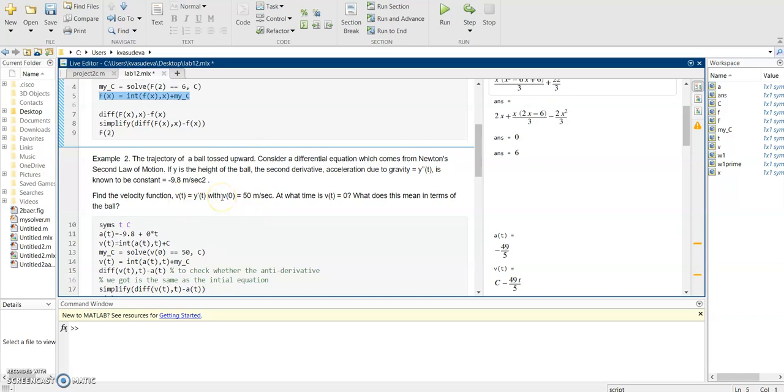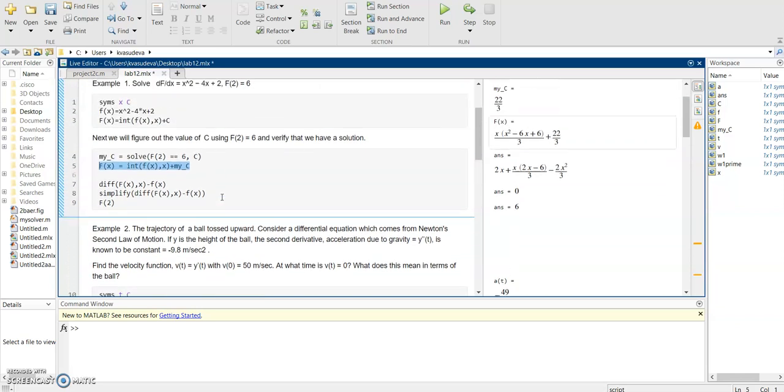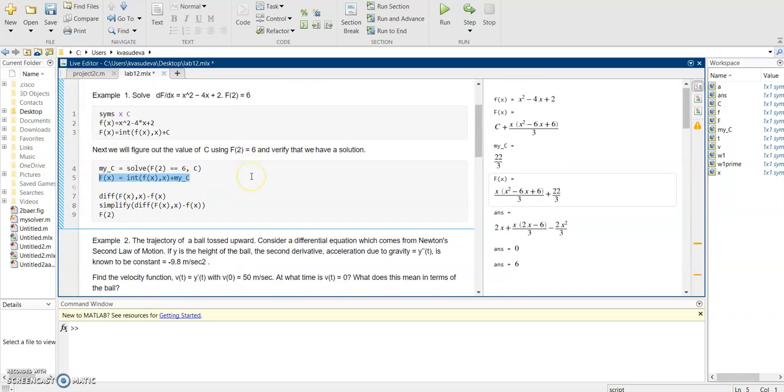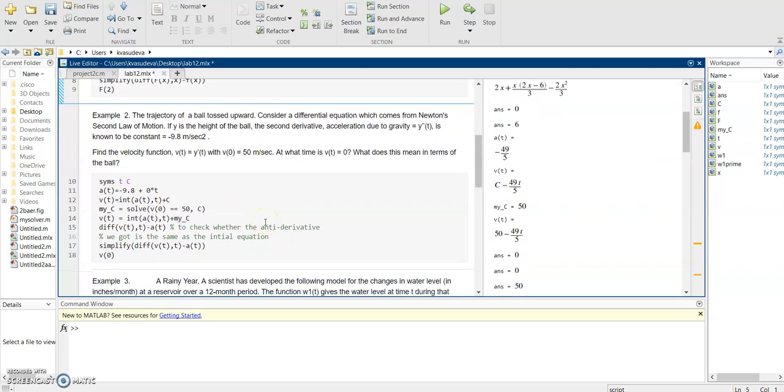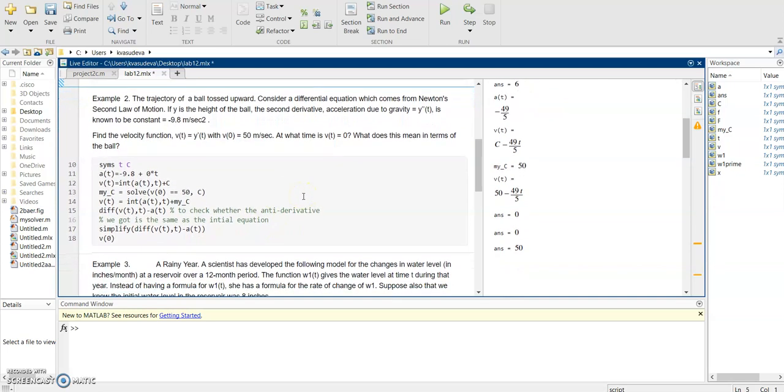Then the condition is v of 0 is equal to 50 meters per second, just like we had f of 2 is equal to 6. So we must find a suitable velocity equation and then check at what time t I will have 0 at the end. Alright, let's get started.